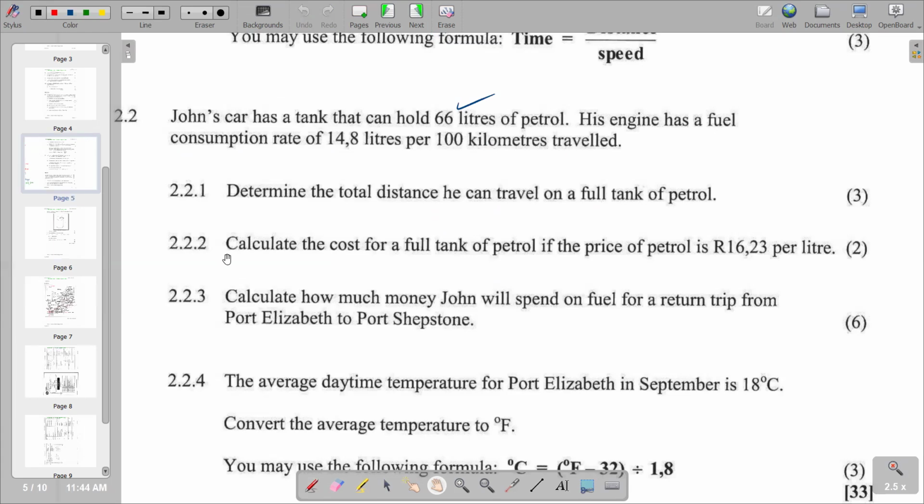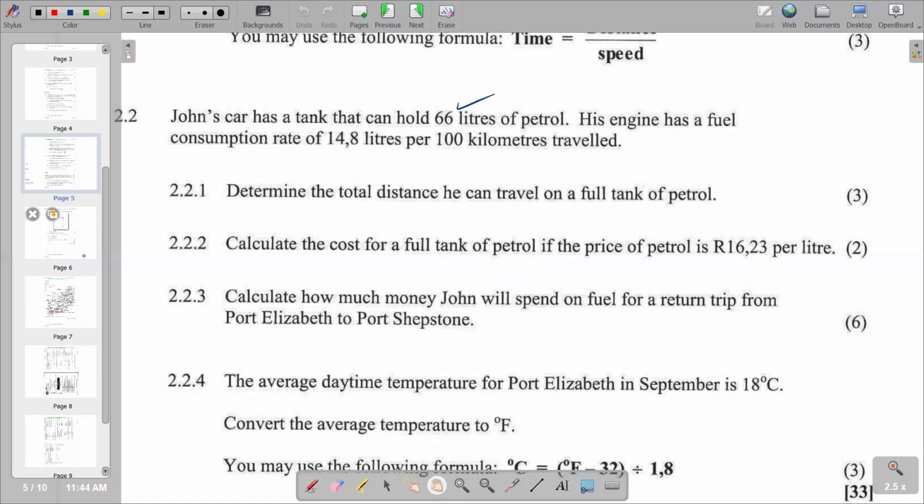So 2.2.2: calculate the cost of a full tank of petrol if the price of petrol is 16 rands 23 cents per liter. The cost of a full tank is 16 rands 23 cents per liter times the number of liters on the full tank, which is 66 liters.